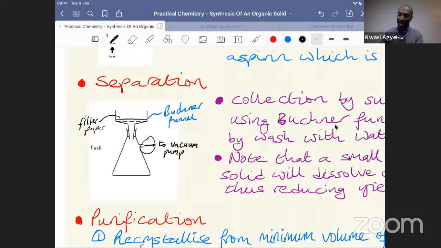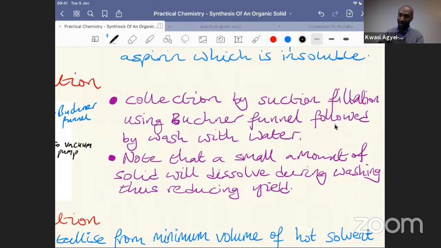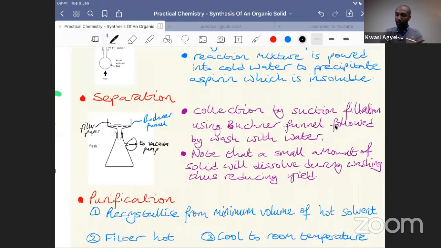So if we look at the notes to go with that diagram, it says collection by suction filtration followed by washing with water. Now, the solid is going to be washed with cold water. So you've got your solid filtered onto your filter paper, and what we want to do at this stage is to wash any soluble impurities off our product.